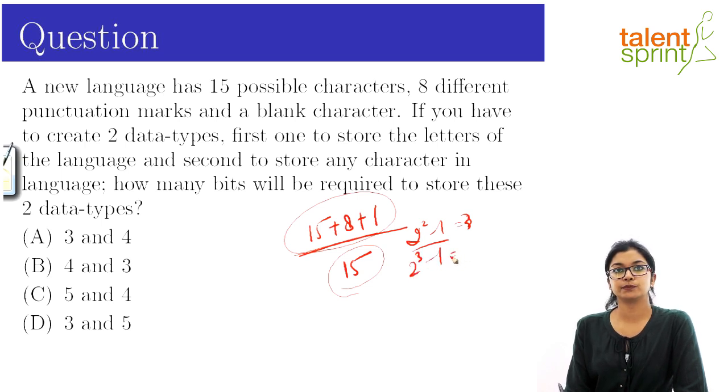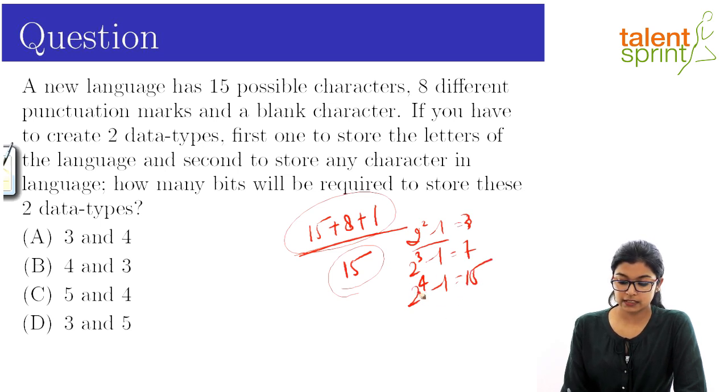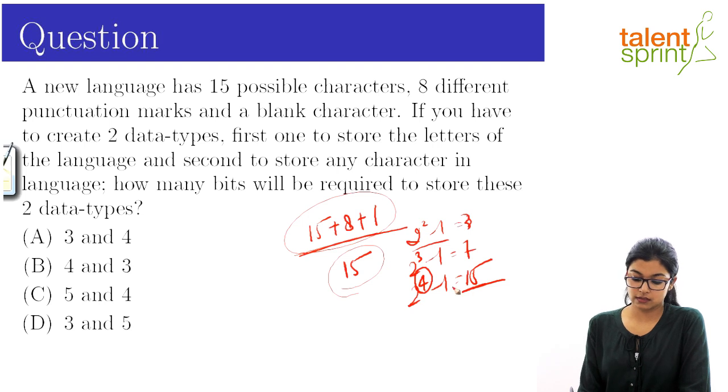What does it give you? 7. Again you cannot do much with it. 2 to the power 4 minus 1. This gives you 15, right? So you can see that with 4 bits you can represent 15 characters.